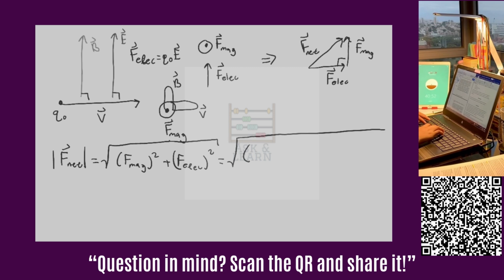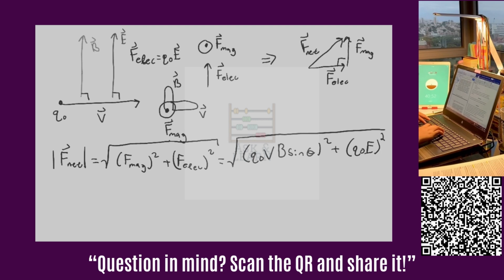If we want the magnitude of the magnetic force acting on this charged particle, we need the value of the charge, its speed, the magnitude of the magnetic field through which it's traveling, and the sine of the angle between the two, all squared. Plus, again, as we've just reviewed, the force from the electric field acting on this charge is Q naught times the value of the electric field, all squared.